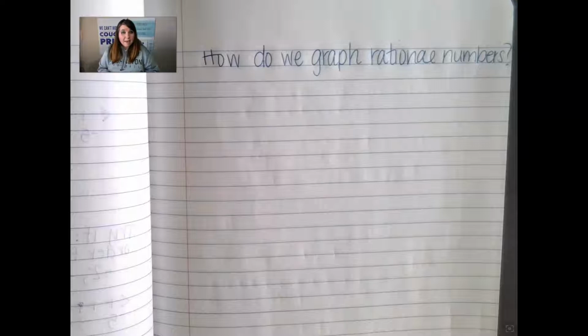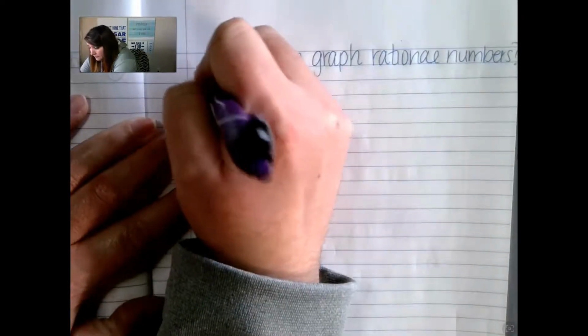So they might have a whole number and then a decimal, or they might have a number and a fraction, or they might just be a fraction or a decimal, so not even all the way to 1 or all the way to -1.